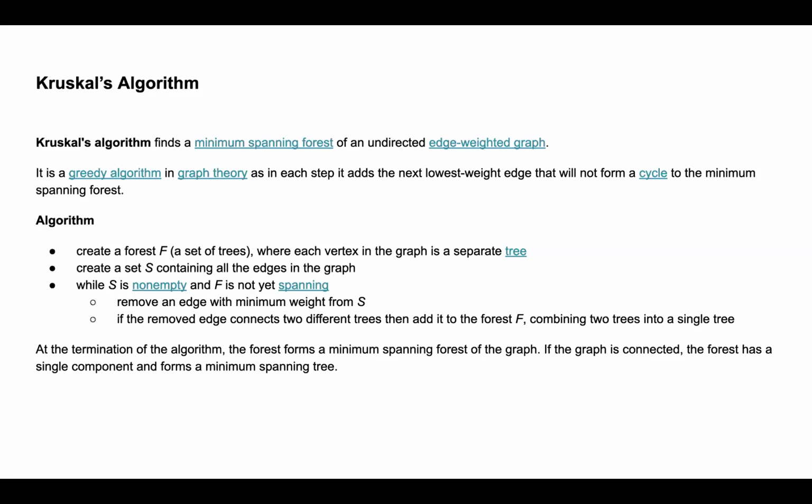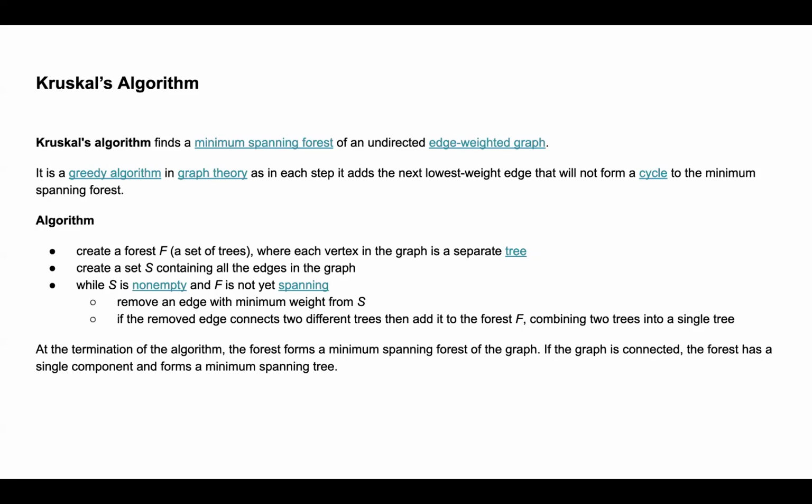It means we want a graph which has n vertices, it should be weighted, and it should be undirected, meaning it does not have any specific direction. We can go from any node to any other node from any direction. On that we can use Prim's algorithm and Kruskal's algorithm.